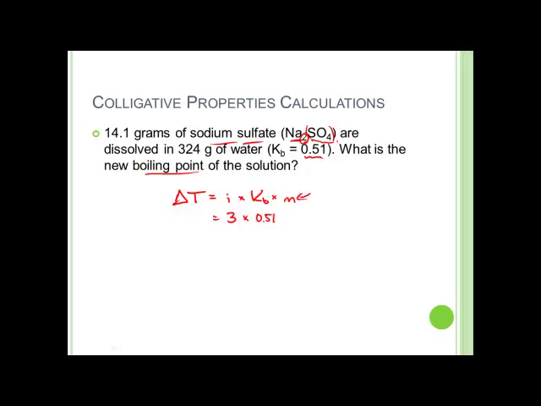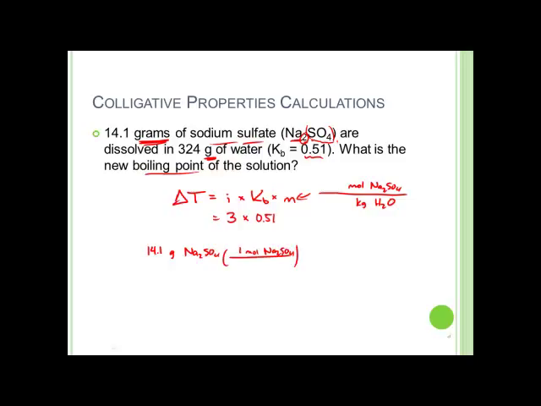And here's where I need to do some work, because molality is moles of solute, in this case moles of Na2SO4, over kilograms of water. I have grams of sodium sulfate and I have grams of water. So the first thing I'm going to have to do is turn 14.1 grams of sodium sulfate into moles, the same way we always turn grams into moles.